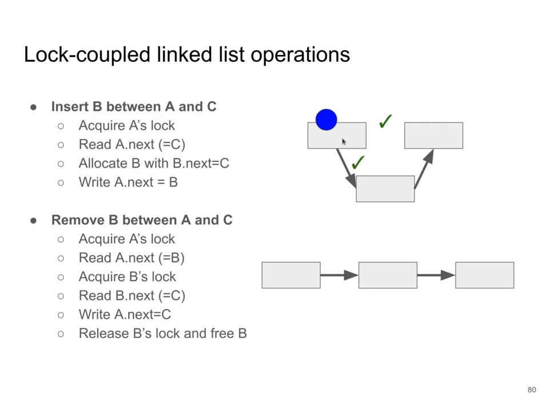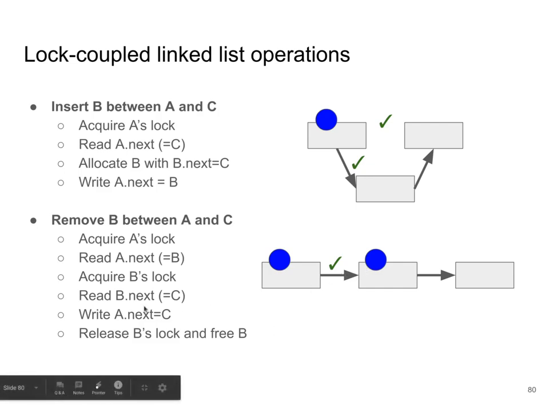And now suppose we want to remove B. B is this node between A and C. What we should do is this. You acquire A's lock, read A's next, that is B, and acquire B's lock. Now you want to remove this node, and you want to change this pointer here.